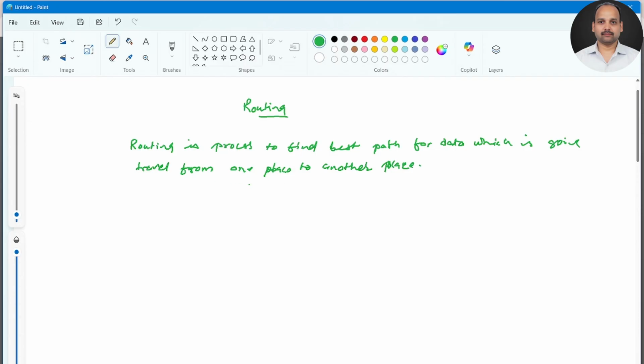So where your data is going to start, that will be the source, and where your data is going to reach, that is called the destination.